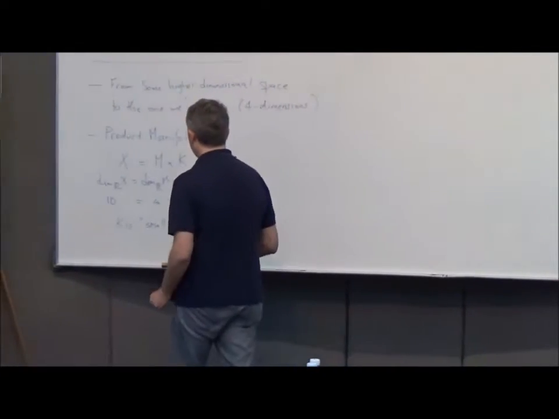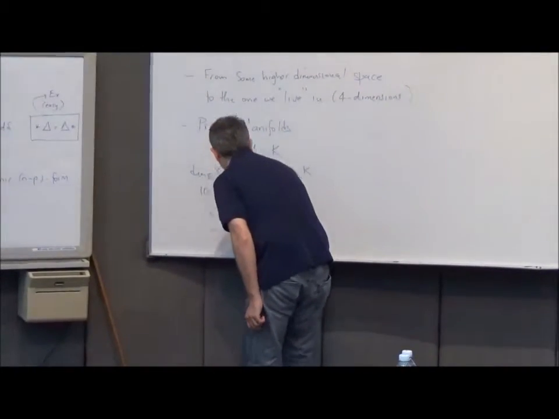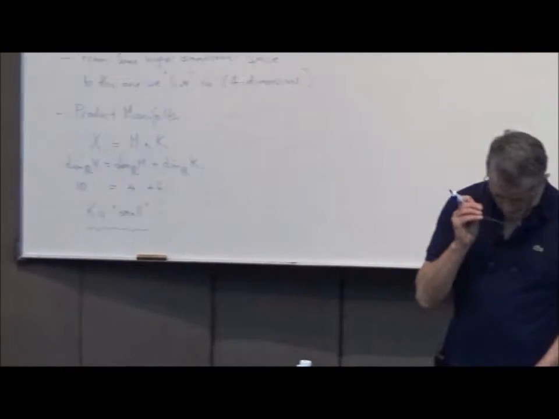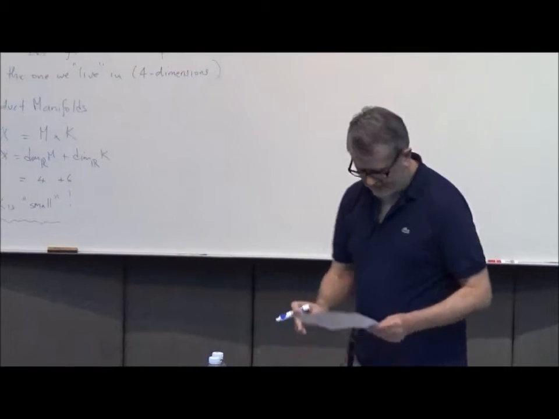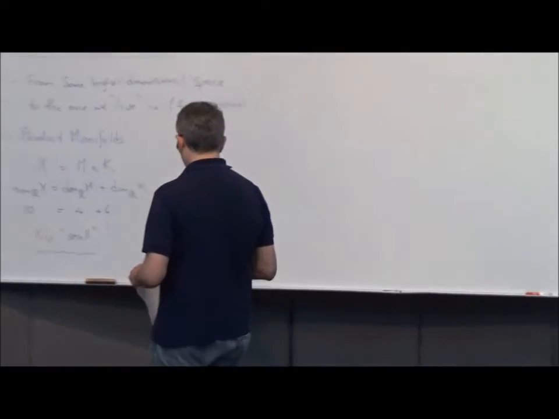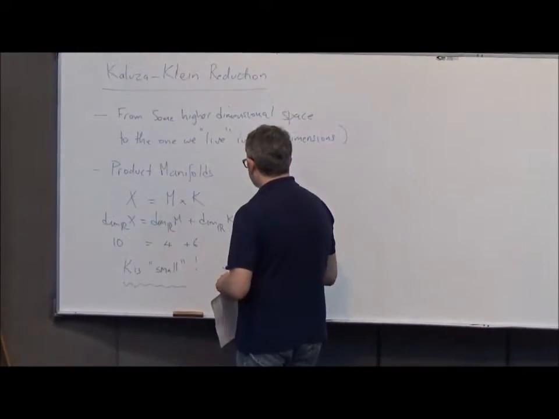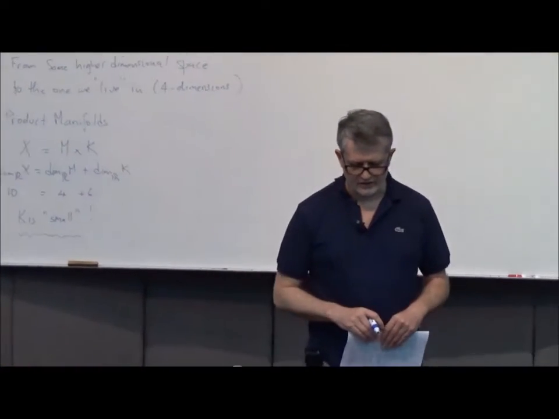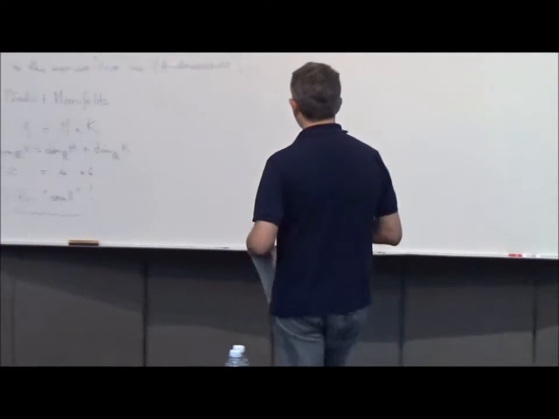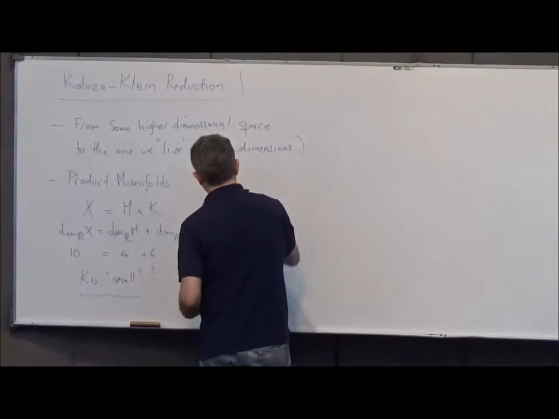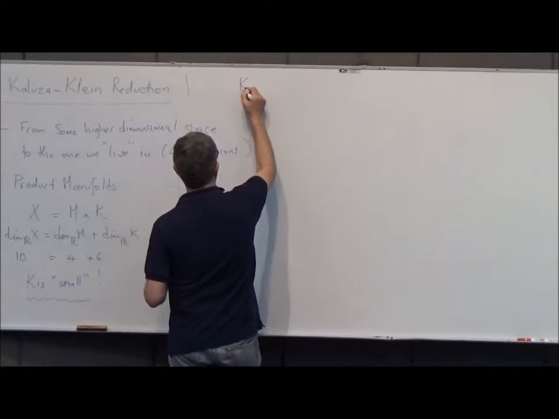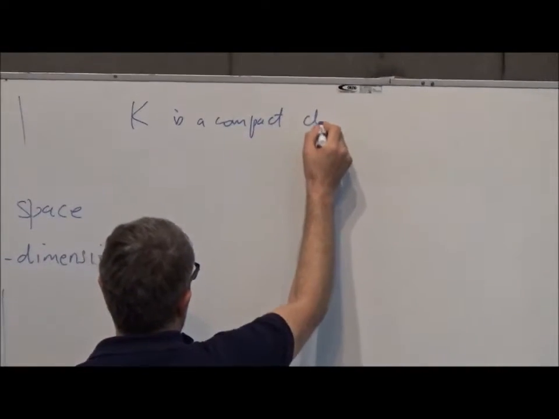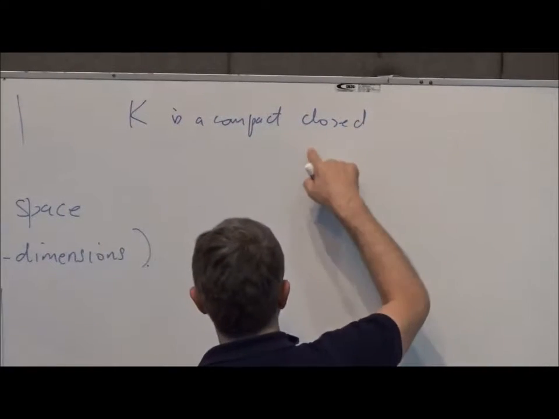So that's what we'll mean by small. I'll be a little bit more precise when we get to it. What we've learned in recent years is that K doesn't have to be compact and closed, but for the purposes of these lectures, I will take that as given. So for us, K is compact and closed. Closed means no boundary.